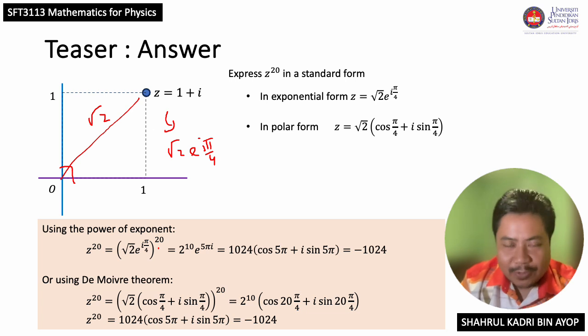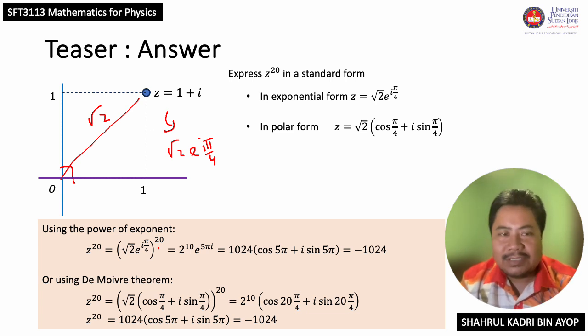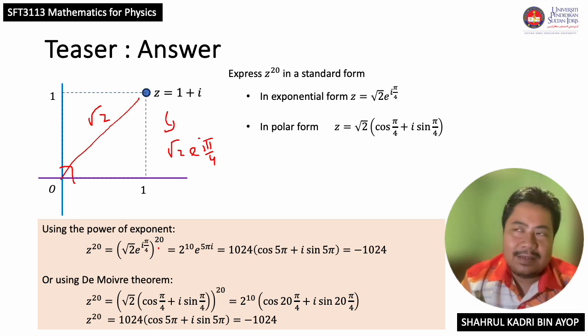By knowledge of exponential manipulation, the exponential form is very convenient to use because it is easy to operate on mathematically. Root 2 is 2 to the power of half, and it is to the power of 20, so we get 2 to the power of 10.